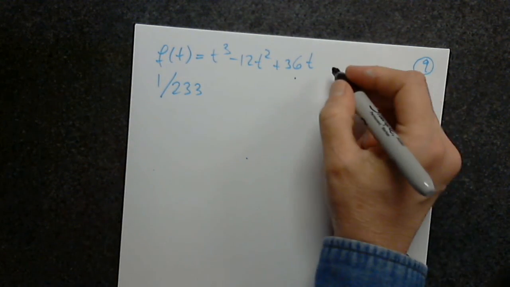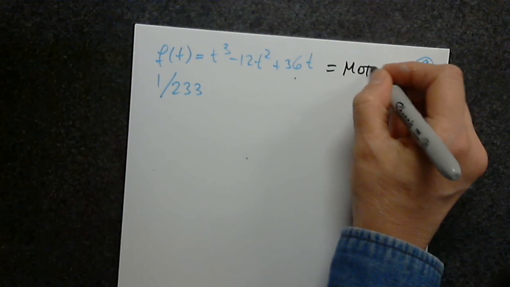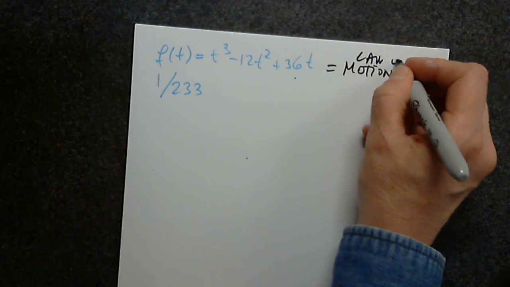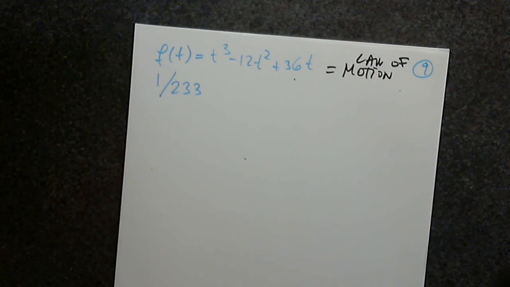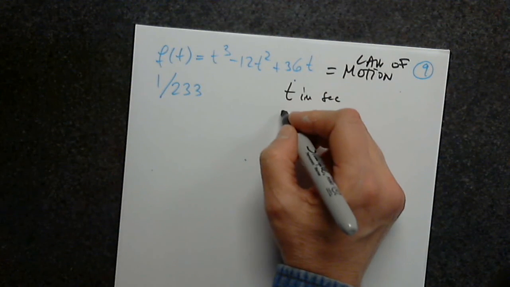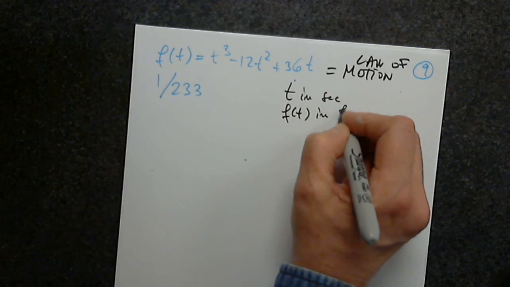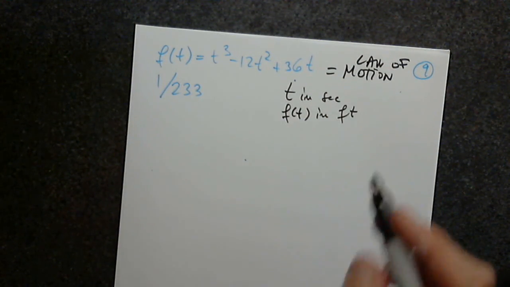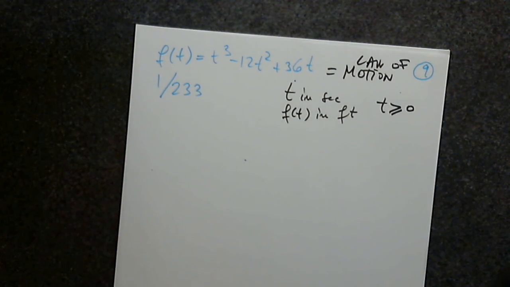So this is motion. Where t is measured in seconds and s in feet. T in seconds, f of t, in other words, in feet. And of course, t is greater than or equal to 0. Okay.